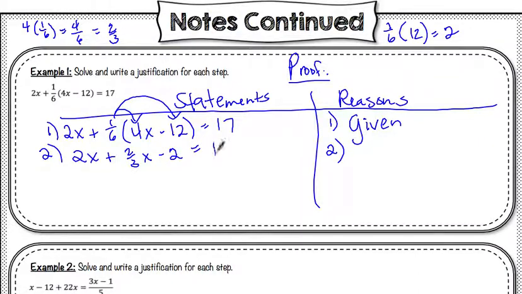So this is 1/6 times negative 12 gives you negative 2. So I have 2x plus 2/3 minus 2 equals 17. And we use the distributive property of equality.